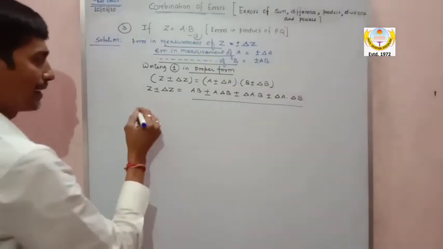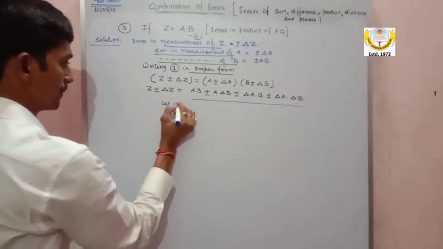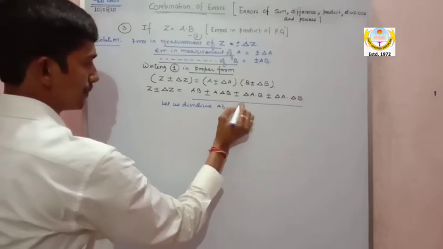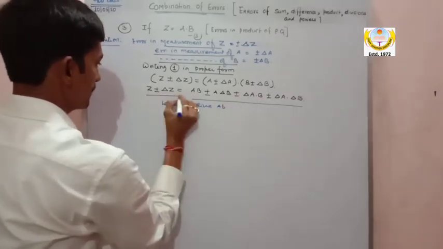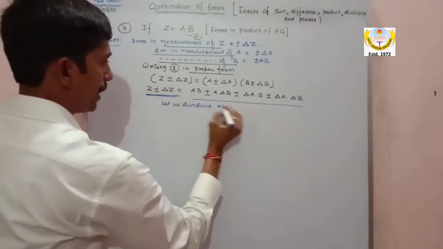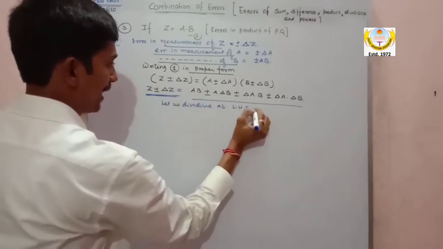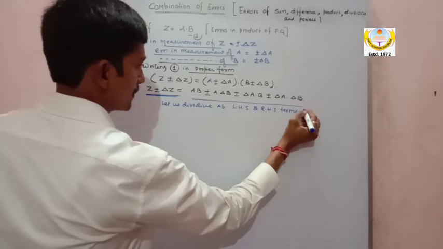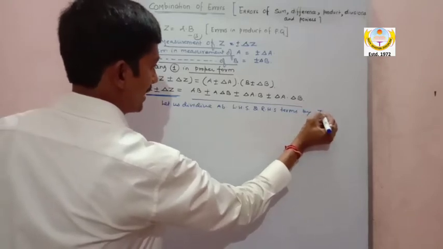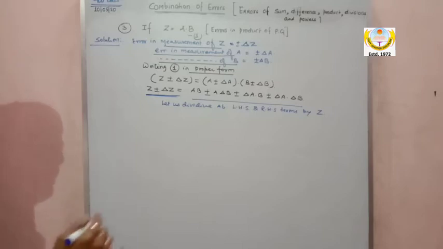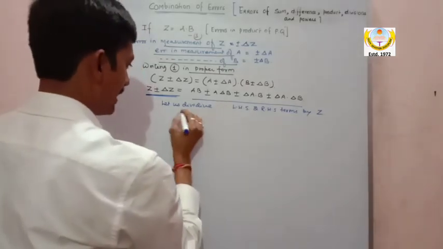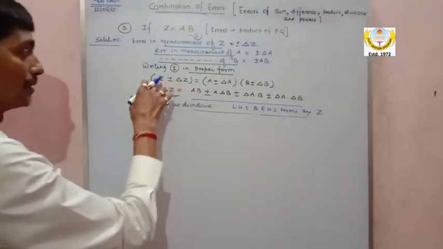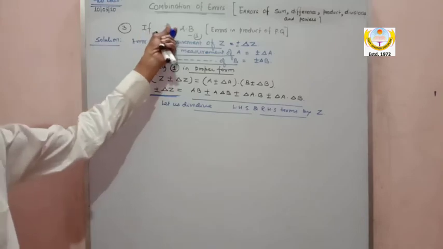Okay, now the next step is that let us divide the left hand side and right hand side terms by Z, that is by the true value.